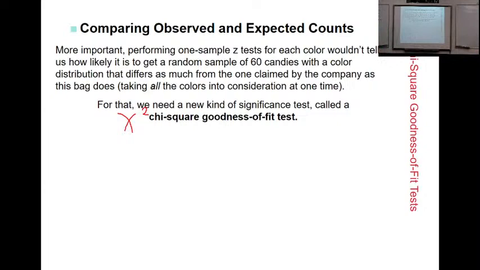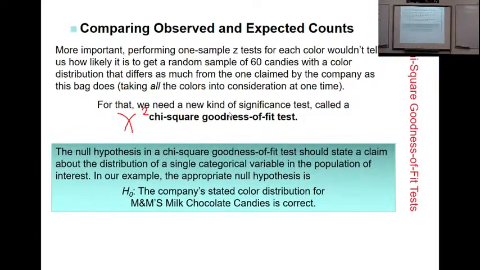And so our null hypothesis, remember, is a statement of equality, or no difference, or no change. So in the context of this problem, our null hypothesis is that there hasn't been a change from the distribution from what the company claims. So in other words, our null hypothesis is that the company's stated color distribution is correct. In other words, the proportions are what we say they are.